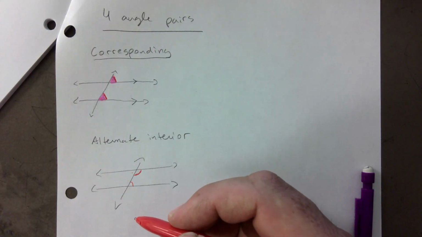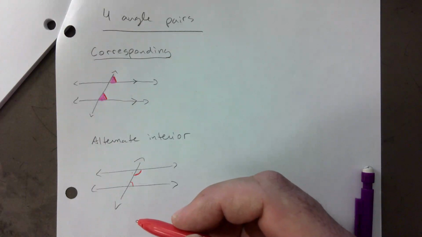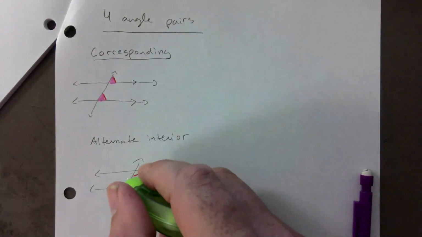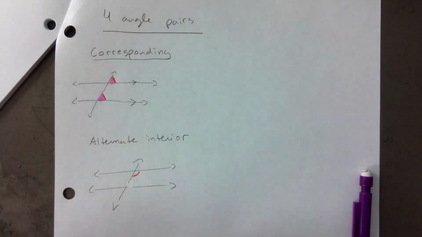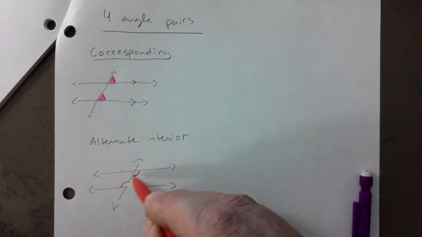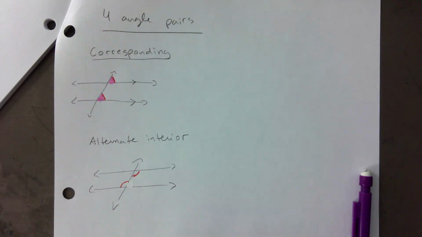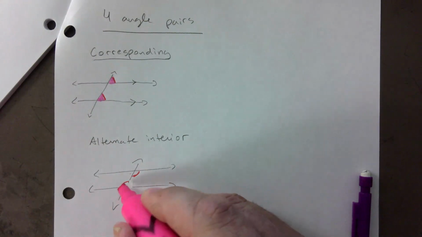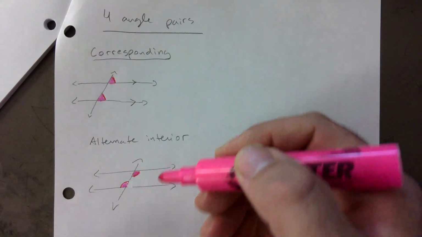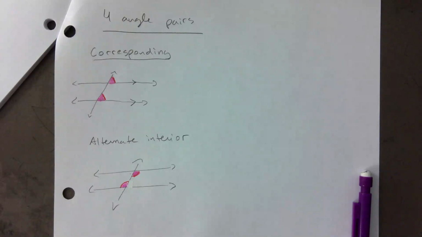What's the easier fix here? I use pen. I'm going to use white out here. The downside of using pen. It's this one and that one, right? So that would be a classic example of alternate interior. Very simplified though. Sometimes it's going to be a little harder to identify. Okay.